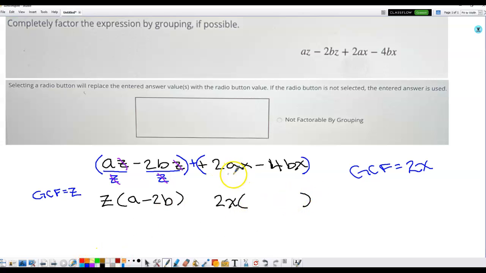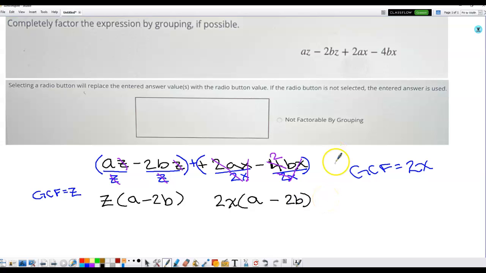And then go back up and divide out that 2X. 2 divided by 2 is gone, and X divided by X is gone. 4 divided by 2 is 2. So this one, after I divide the 2X out, I have A minus 2B.